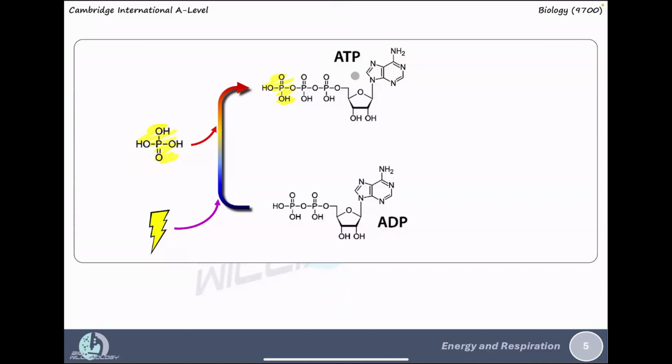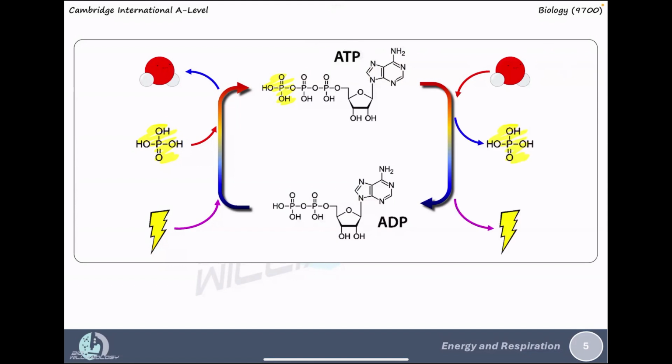This process is a form of condensation, so a water molecule is released. On the other hand, when energy is required, ATP is hydrolyzed with a water molecule added into the reaction. When ATP is hydrolyzed, a phosphate group is removed and energy is released.